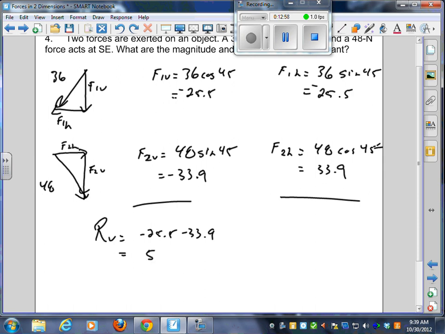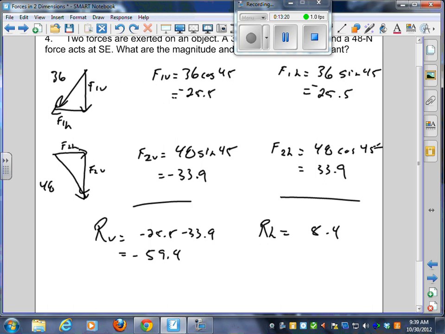That's minus 59.4. Resultant horizontal, it's going to be the same number because we're doing the same. Oh, hang on, it's not going to be the same number, is it? One's positive, one's negative. 33.9 minus 25.5, 8.4. And that's going to be a positive 8.4 to the right.